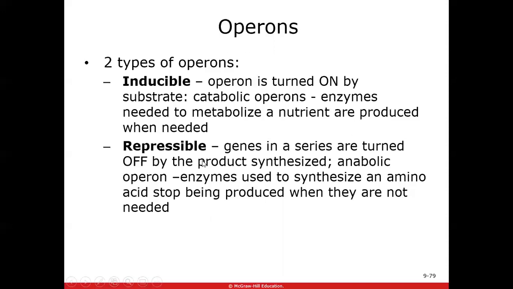Then you have repressible operons. Those are genes in a series that are turned off by the products synthesized. So they're an anabolic operon. The enzymes used to synthesize an amino acid stop being produced when they are not needed. Once you make enough, then it turns it off.